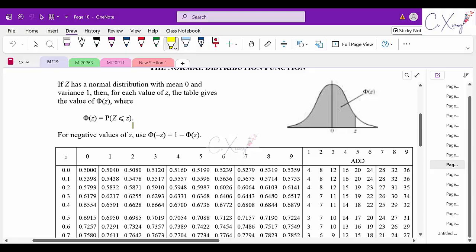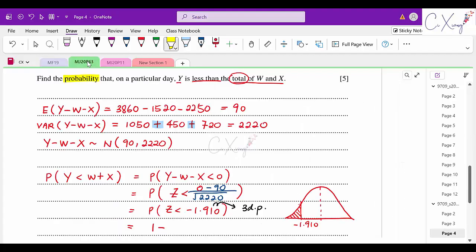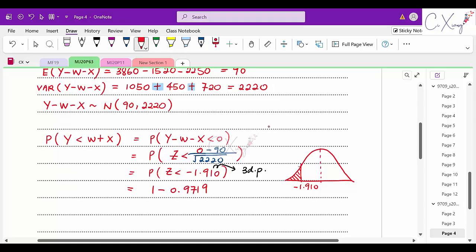So go to the table, look for z, 1.91 is this one. 1.91 on top, right? So this is the probability, 0.9719. So I have to take 1 minus 0.9719. And let's see what we get. If we didn't make any careless mistake, by right, the answer should be 0.0281.